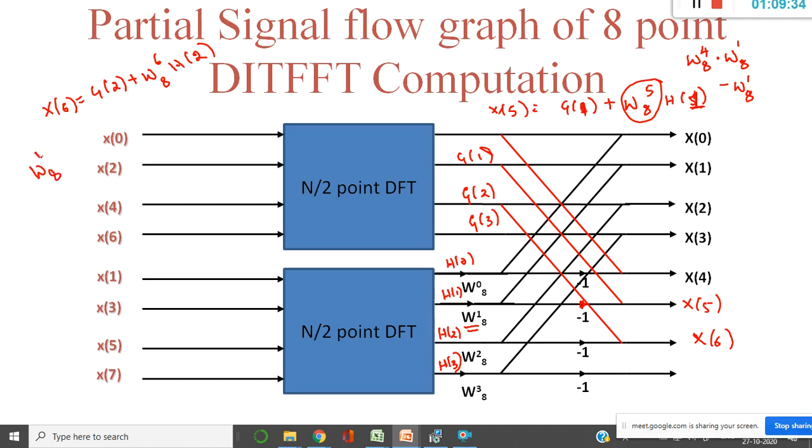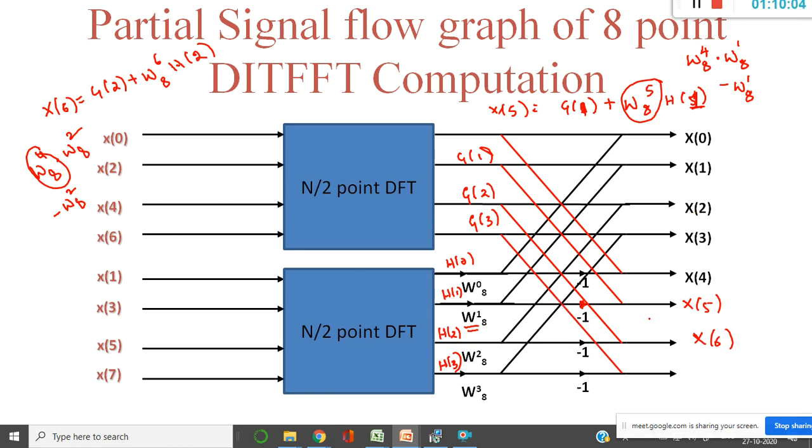Can I write w8 to the power of 4 into w8 to the power of 2? Is it not? So what is w8 to the power of 4? It is minus 1 into w8 to the power of 2. Therefore, I simply put minus 1 here. W8 to the power of 2 is already calculated while calculating x of 2. Now I just do it: g of 2 multiplied with minus w8 to the power of 2 into h of 2.